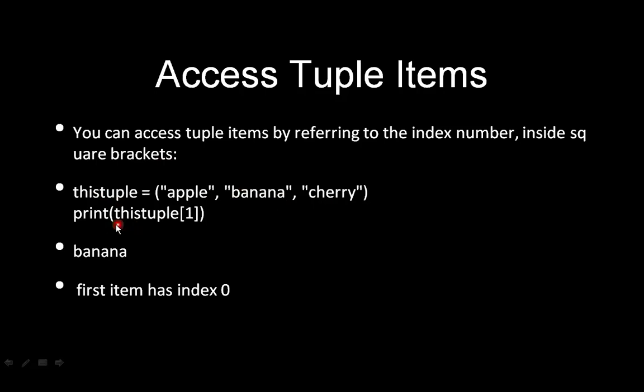Print this tuple of 1, where this tuple is nothing but the tuple name, and in the square bracket I specify the index number. So I will get the output as banana.